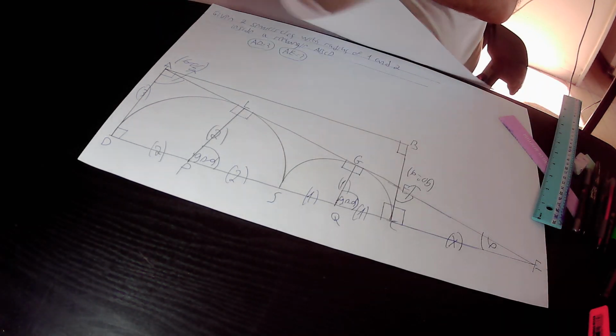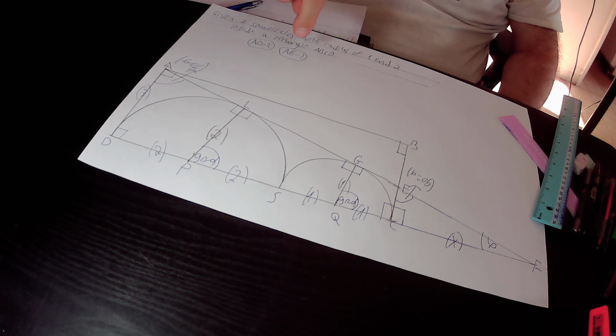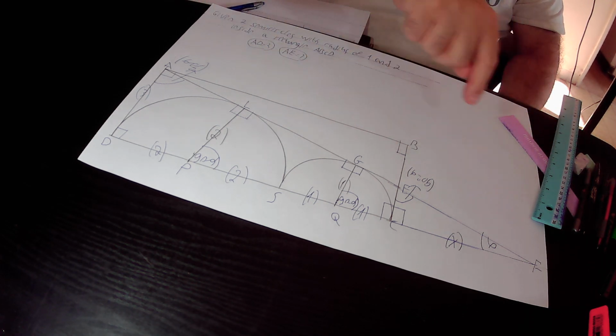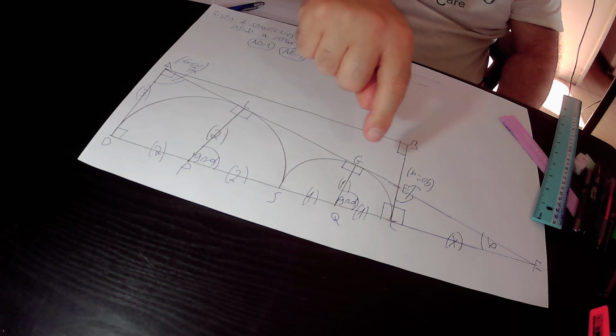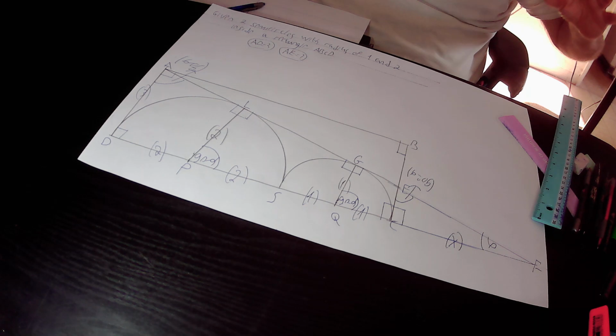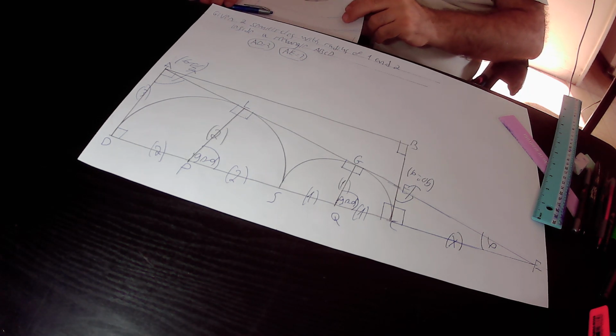So we actually found out that all the angles inside the big right triangle LPF are correspondingly equal to all the angles inside the small right triangle GQF, and therefore those two right triangles are similar to each other according to the angle similarity rule. So I write it down.